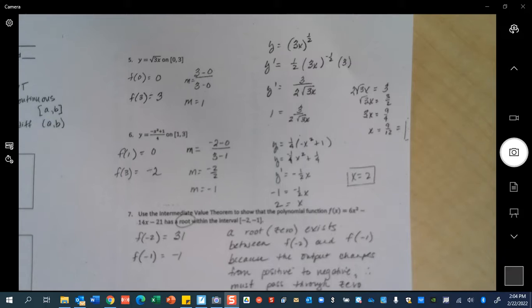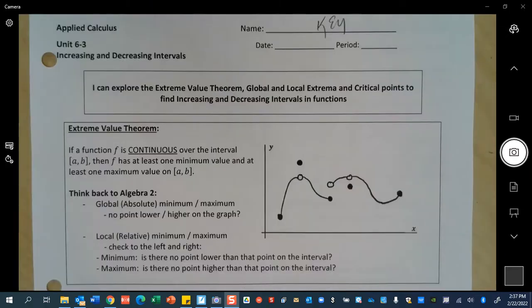My Lord. All right. Do me a favor and clear your desk. We're going to talk about just more parts of graphs because what we're going to start looking at is what is the behavior? What's happening with the graphs across each of these intervals? So we're going to talk about the extreme value theorem. We're going to talk about global and local extrema and critical points.